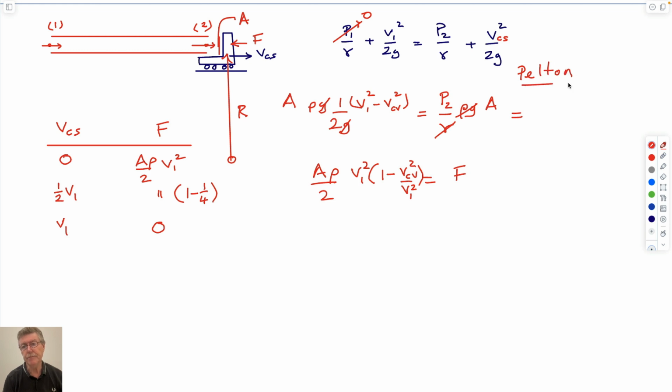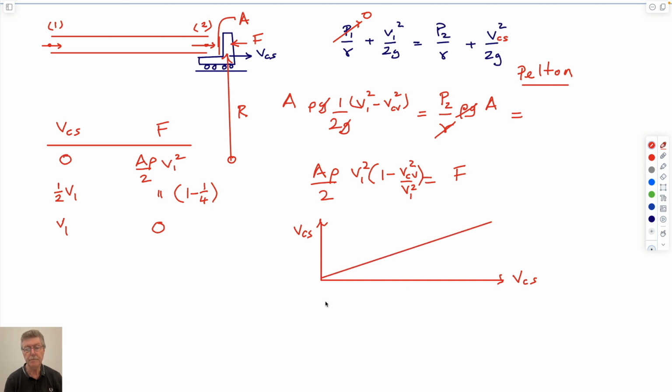Must be someone's name who invented it. And so the importance of this is that if we plot the velocity of the control surface versus the velocity of the control surface, that's going to be a pretty easy graph to draw, 1-to-1.